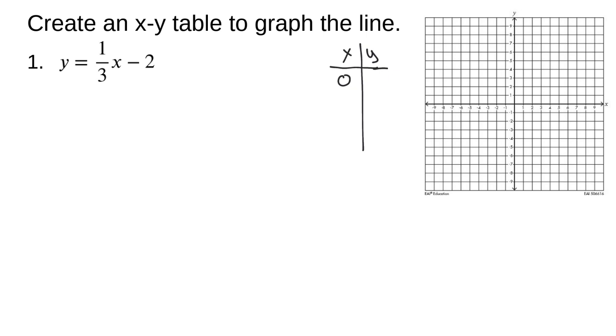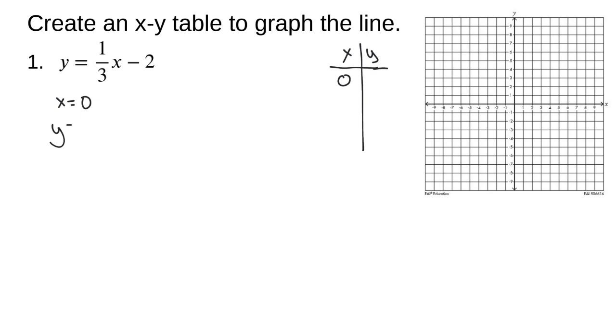And what I'm saying by putting that 0 there is that I want my X value to be 0. And if that's true, I need to know what the Y value is going to be. So back over here with this equation, we're going to let X equal 0 and see what happens.